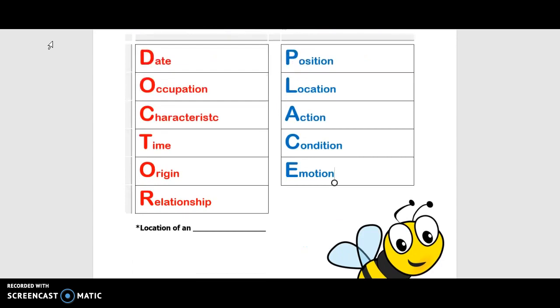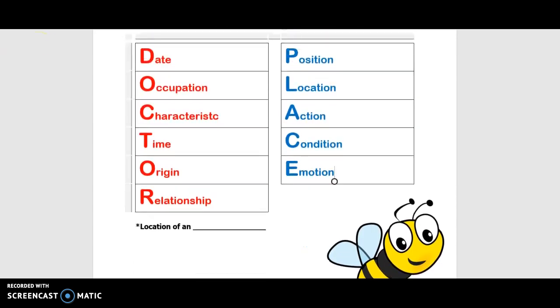Okay, here is an exception. We say that ser uses the date, occupation, characteristic, time, origin, relationship, and that position, location, action, conditions, and emotions are forms of estar. Here is an exception to the location rule right here.